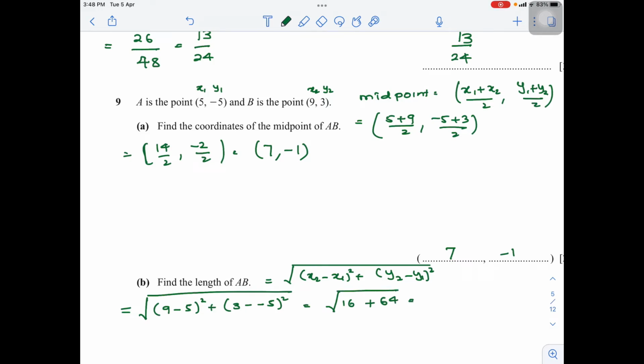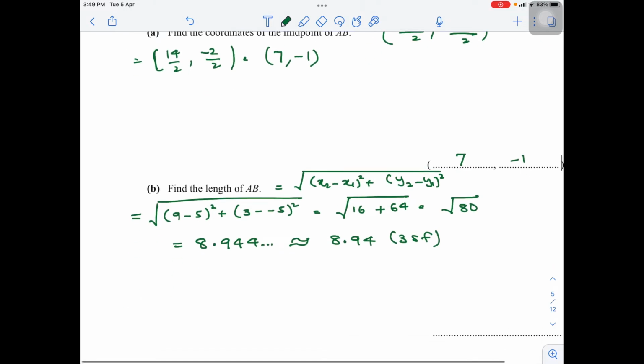16 plus 64. That's square root of 80. Square root of 80 is 8.944. So approximately 8.94 to 3 significant figures.